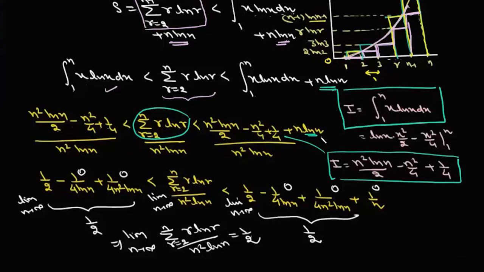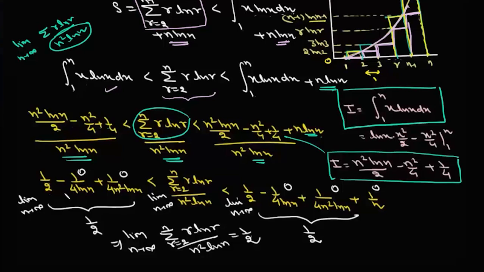Now we need to find the limit as n tends to infinity of the summation r log r upon n square log n. So we'll divide everything by n square log n. Now here n square log n will cancel.